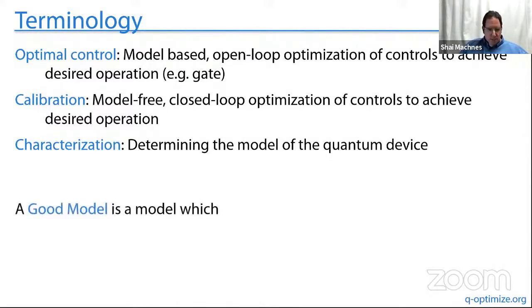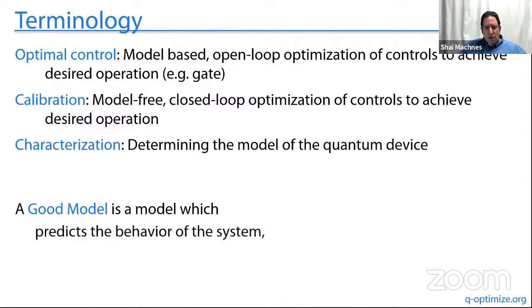Now, as you can see in the terminology, the concept of a model is really important, but we need to properly define what a good model is, because we want the possibility of actually declaring success when we've found a good model. A good model is one which predicts the behavior of the system. That's quite obvious.